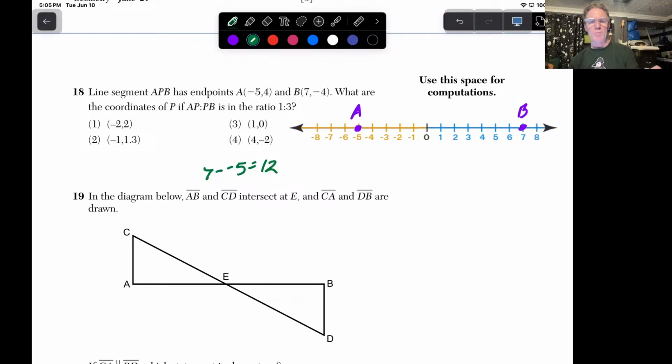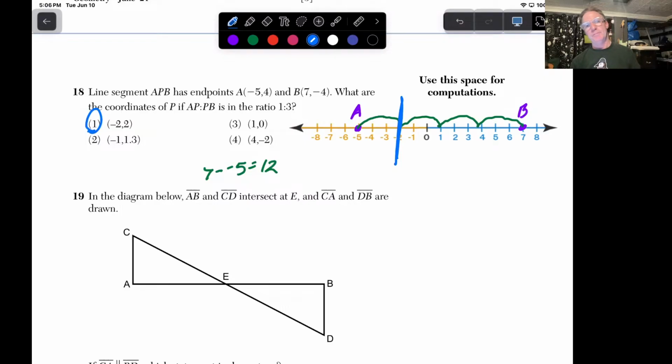All right, if I want to break it into 4 chunks, that means each chunk would have 3 spaces. 1, 2, 3. 1, 2, 3. 1, 2, 3. So if I want 1 on the left and 3 on the right, that's where I'm going to divide my line segment, right at -2. There you go.